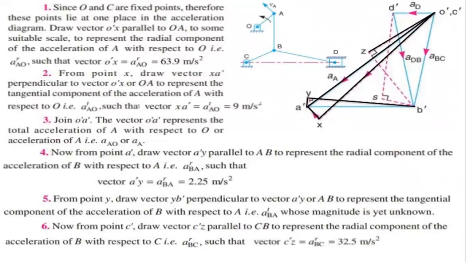First, O and C are the fixed points in the velocity diagram also, so I am taking those two as the fixed points only.